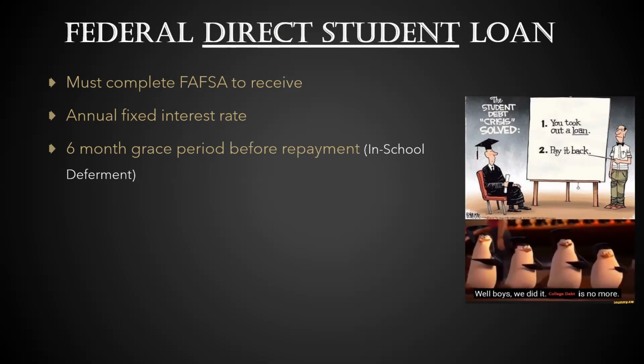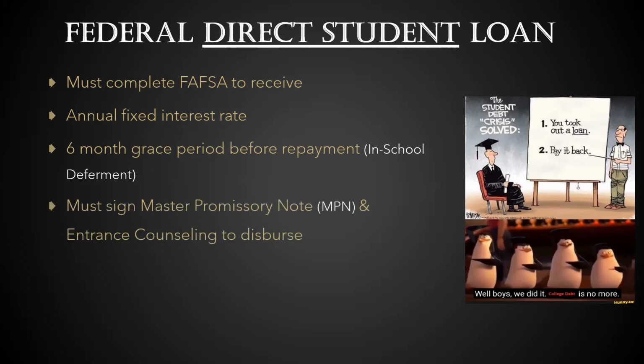So while a student is enrolled in school at least half time, they're in an in-school deferred status. They must sign a master promissory note, or MPN, and complete entrance counseling.